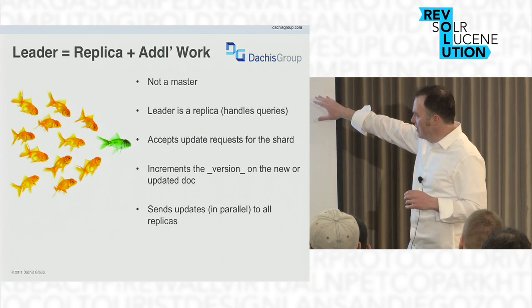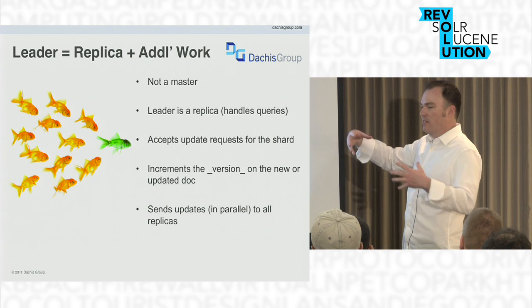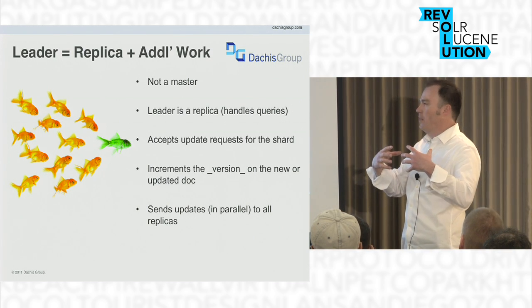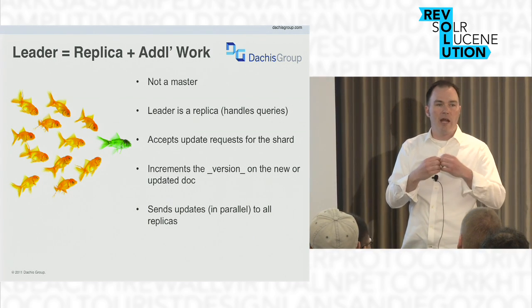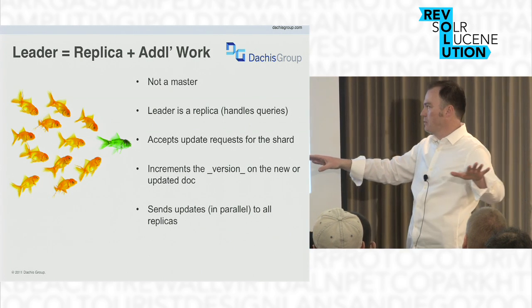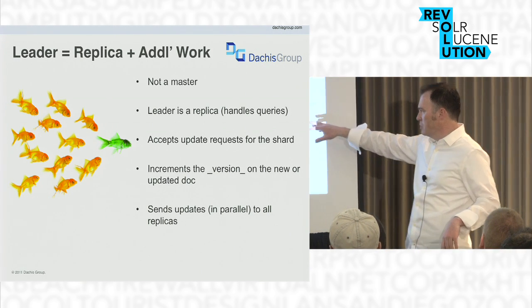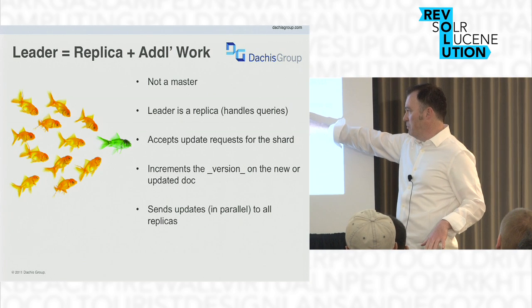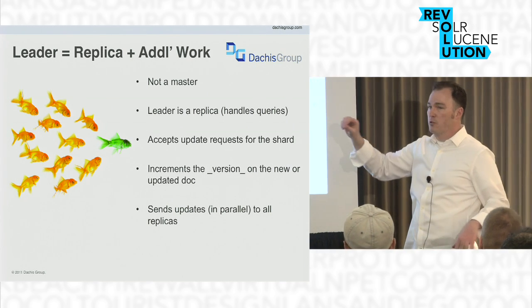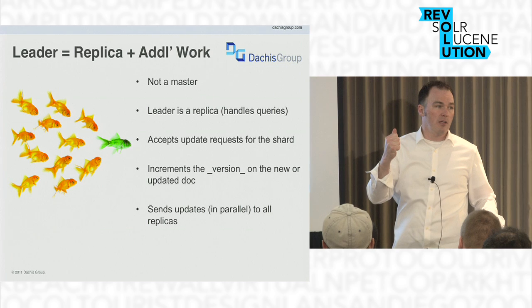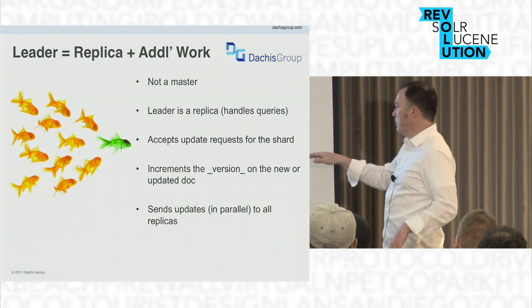So one of the things it does is the leader actually takes the update requests for the shard and then distributes those to the rest of the replicas, okay? The leader is also responsible for this special magic version field, which is used to power the atomic updates using optimistic locking. Talk about that in a second.